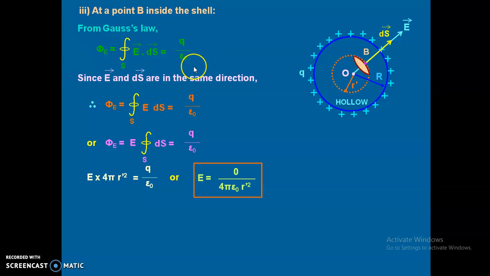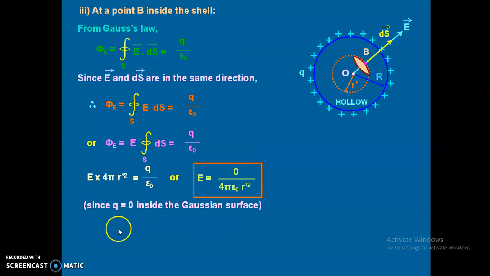If you go to the definition of Gauss law, this q is the net charge enclosed inside the Gaussian surface, but here you can see in this Gaussian surface no net charge is physically enclosed. This sphere encloses no charge. Charge is situated outside the Gaussian sphere, so q net inside this particular Gaussian surface is 0, that's why we can write like this.